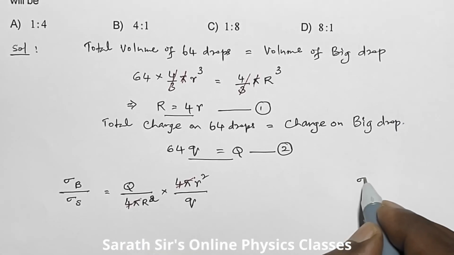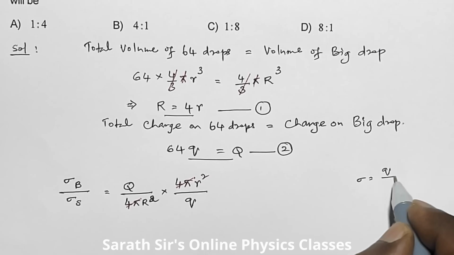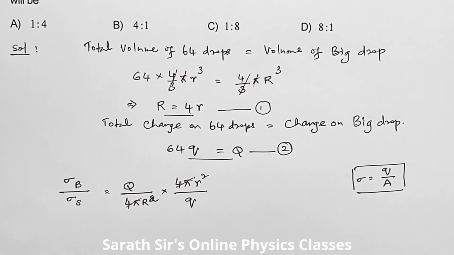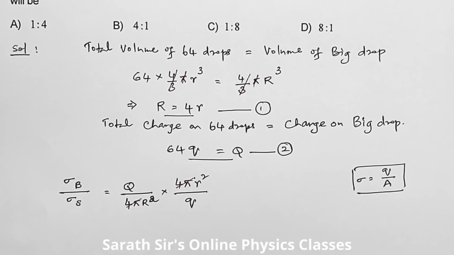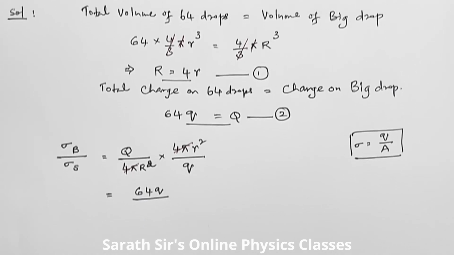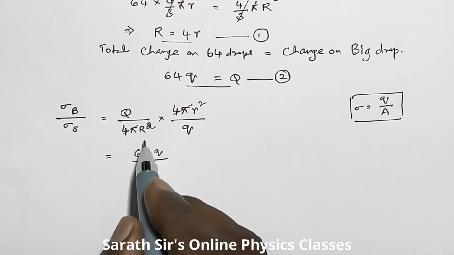Sigma formula is charge per area. So the surface area of the spherical drop is 4 pi r square. That is equal to, let us substitute the values. Capital Q value is how much? 64Q by R square.